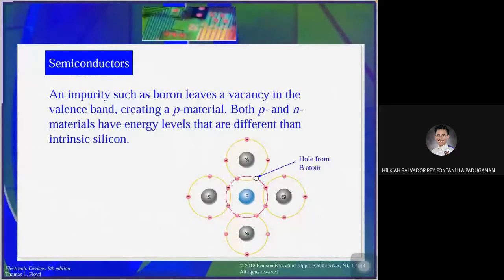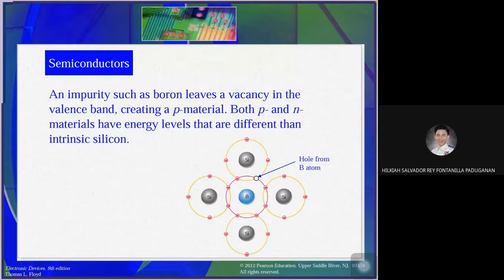Hence the name p-type material. Okay? So it doesn't mean that because it is p-type material, it is positively charged. No. Okay? This is one of the misconceptions, no? That just because p-type materials have holes, it is charged like a proton. No, it's not like the proton, which has an actual positive charge.